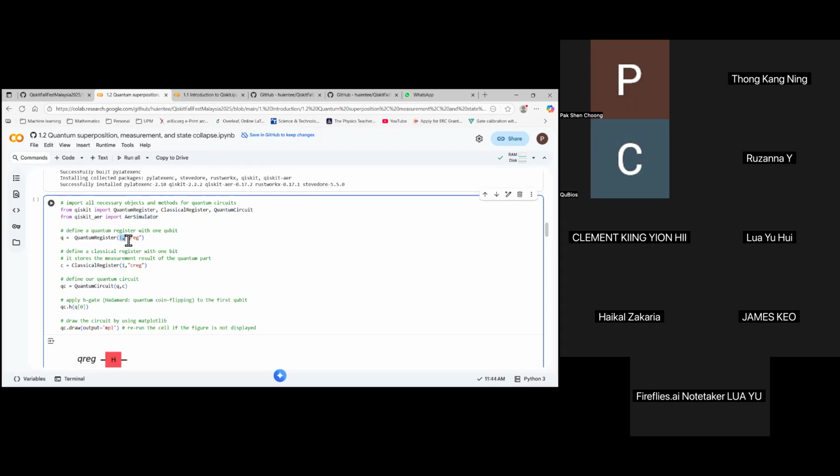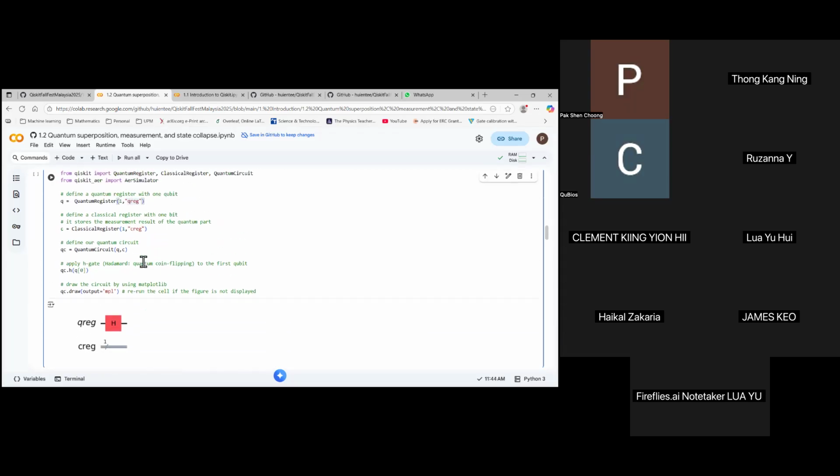Okay, so next is the quantum register. What does this bracket mean? The 1 means that you are registering 1 qubit, and this QREG is just a name for you to label your quantum register. In this picture you can see QREG, which is the name of your simulated qubit register.